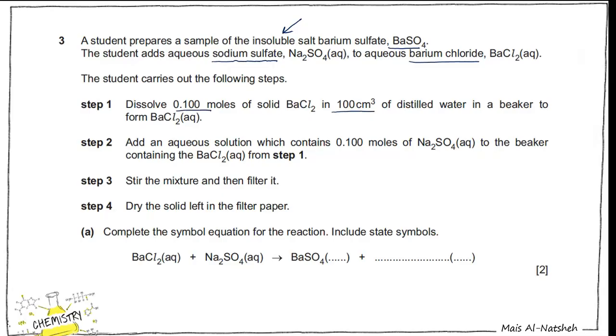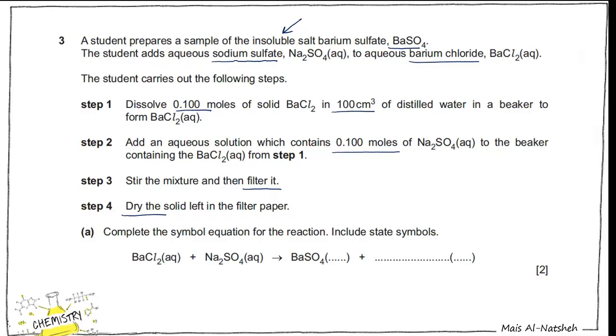Step 2. Add an aqueous solution which contains 0.1 moles of sodium sulfate to the beaker containing the barium chloride solution from step 1. Step 3. Stir the mixture and then filter it. Step 4. Dry the solid left in the filter paper.